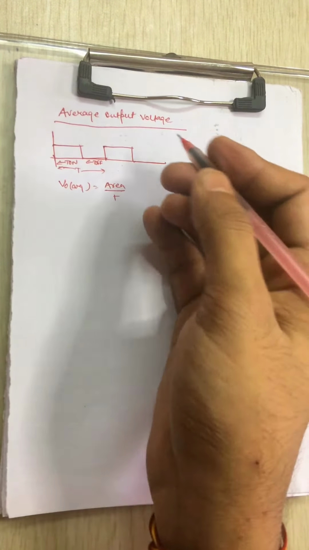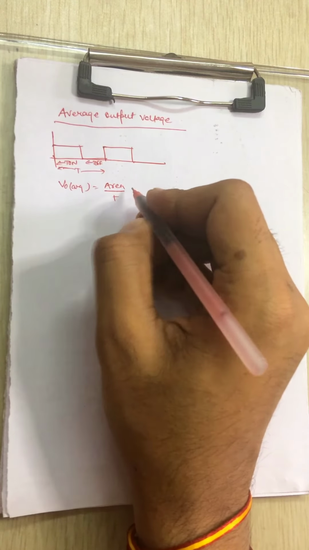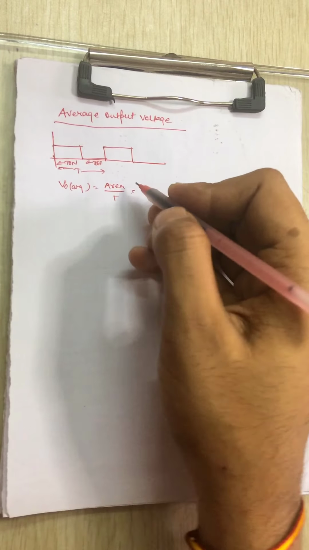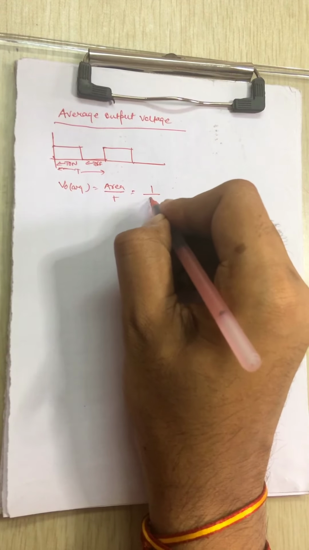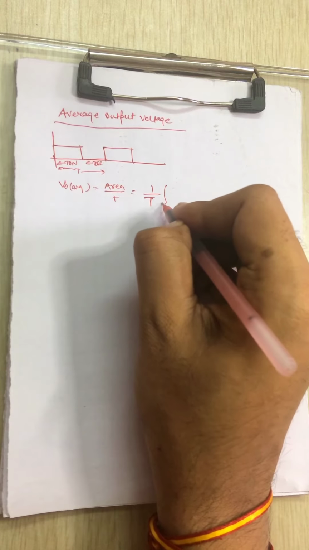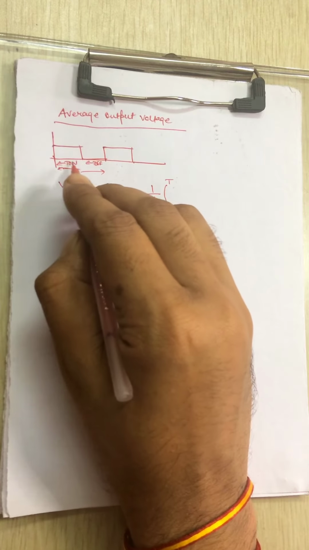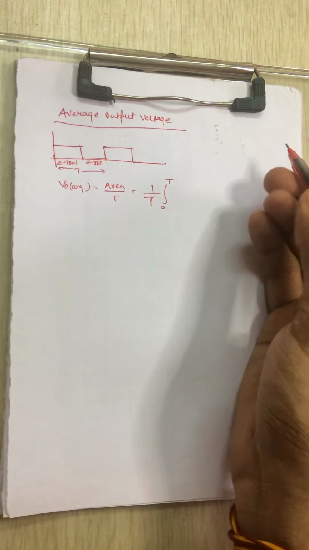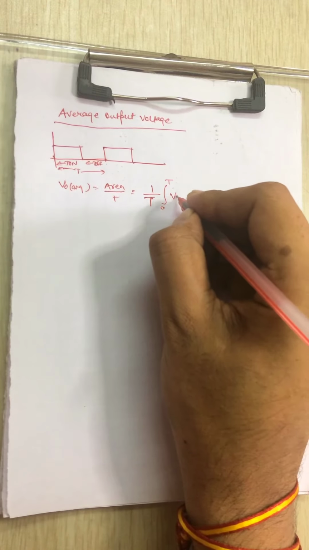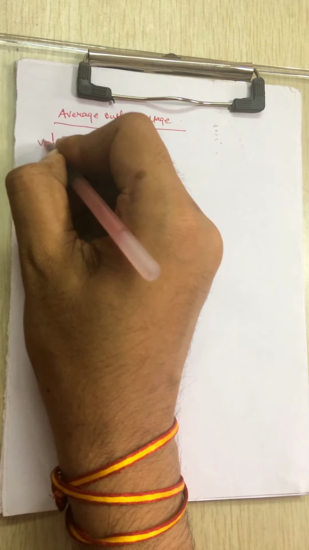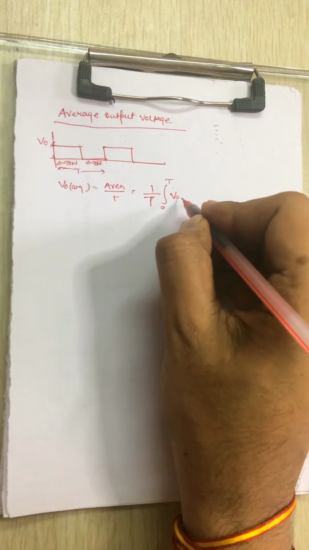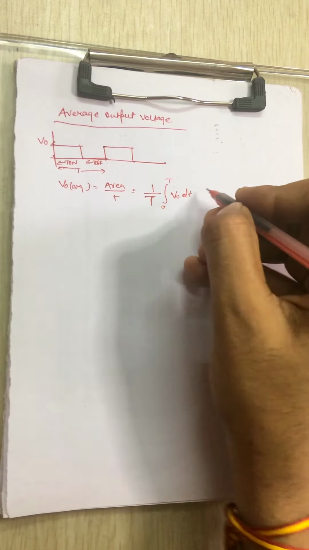So 1 by T, integrate from 0 to T, that is from 0 to T on and T on to T. V output into dt.